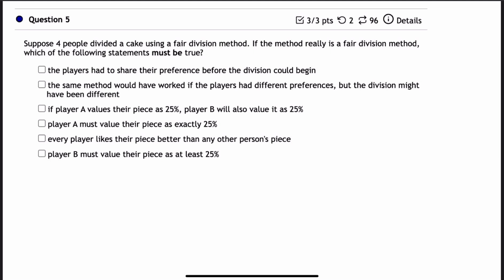But to help you with this one, I will encourage you to go back to the introduction video for fair division. Within the first 2 minutes, there are 2 slides that give you some information specifically on what fair division is and what fair division is not. As a quick reminder, I will give you some hints on which ones to really pay attention to.